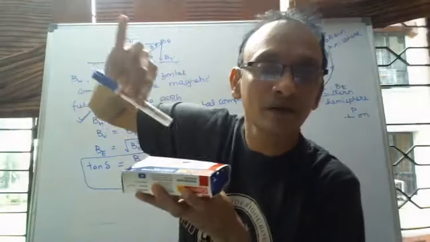Isn't it? The resultant of BH and BD will be in the magnetic meridian. The resultant of BH and BD, which is BE, will lie in the magnetic meridian.